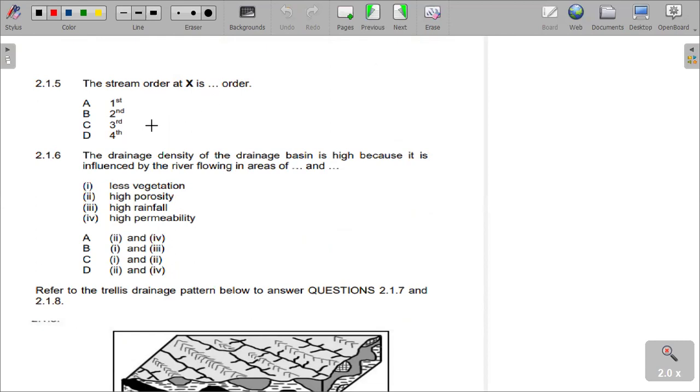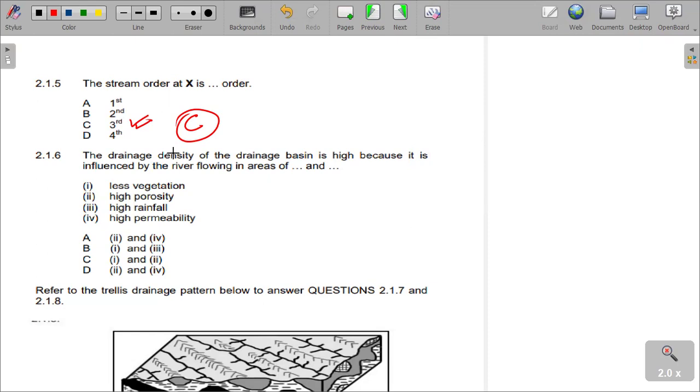It is just third order, which is C. It is third order, which is formed because of second order and second order joining, where we already have a higher order, third order on top there. So it is third order stream. That is stream ordering.